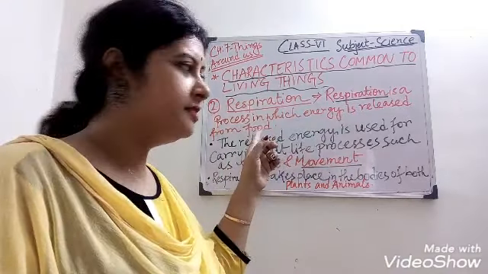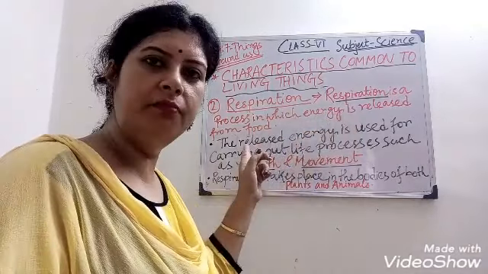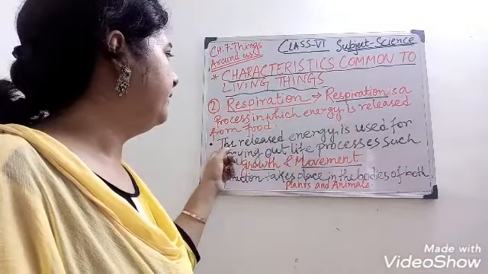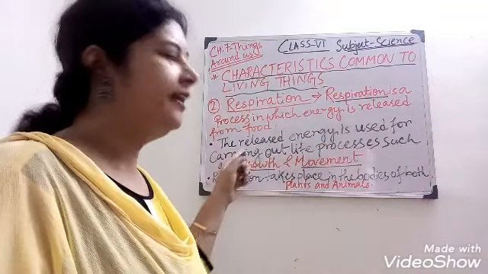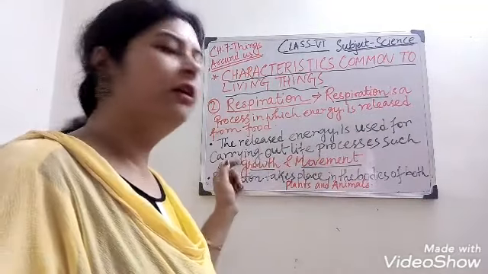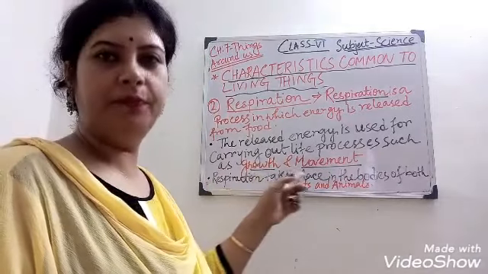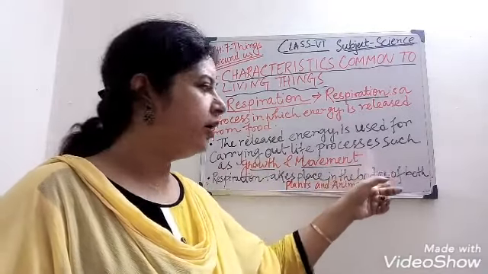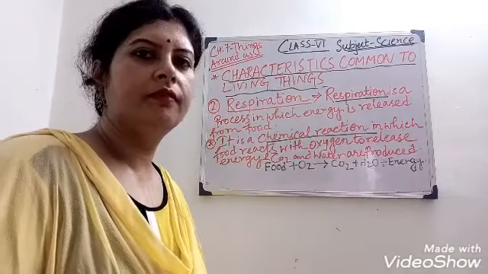Respiration is a process in which energy is released from food. The released energy is used for carrying out various life processes like growth and movement. Respiration takes place in the bodies of both plants and animals.